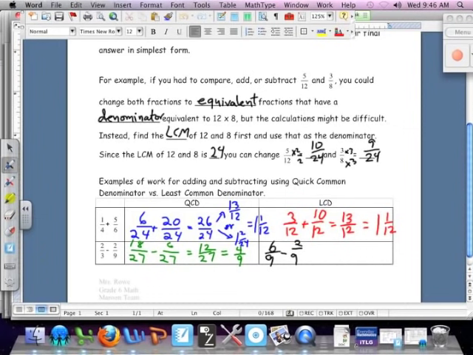We're already done. We took this problem from something where we had to do 4 things to a problem where we just had to do 2 things by using least common denominator. So if possible, try to use least common denominator, but it's not required.